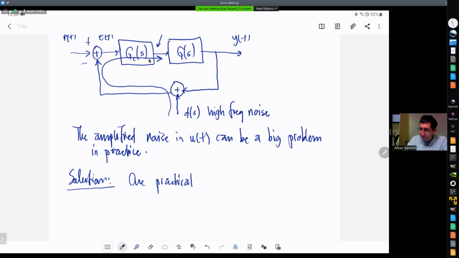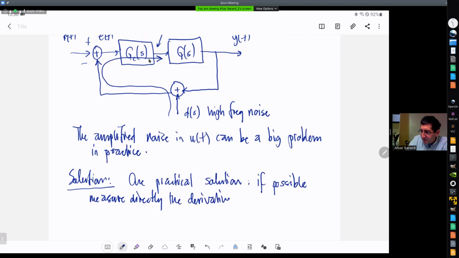Okay, if possible, measure directly the derivative term instead of the original variable.